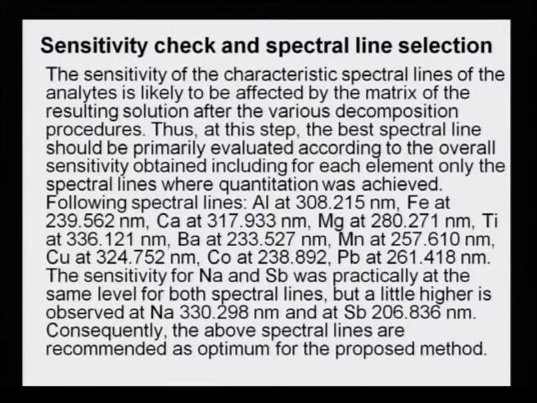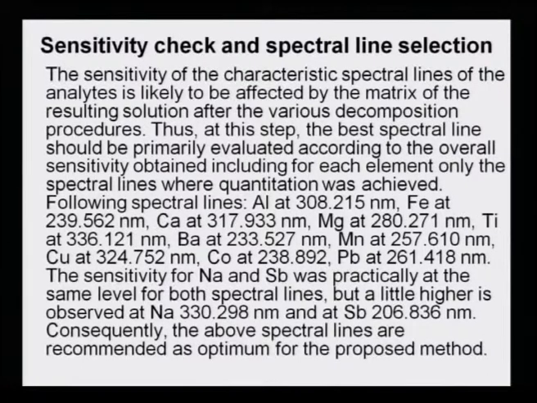Since they were very close originally, two different lines were chosen for sodium and antimony, so they can be separated out and there should not be any confusion whether this line and this concentration belongs to sodium or antimony. Consequently, the above spectral lines were recommended as an optimum proposed method.